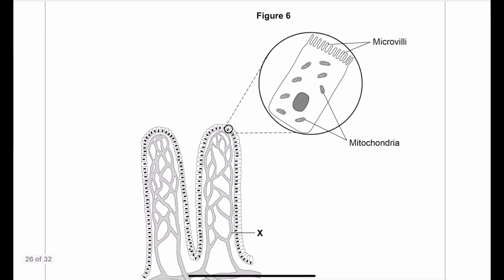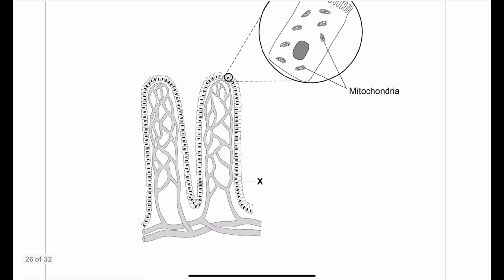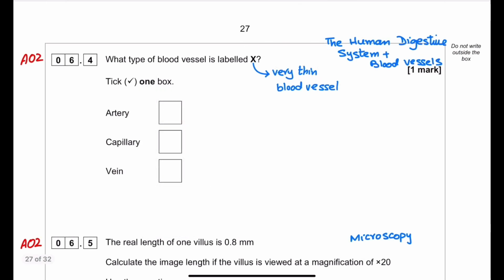We see here this structure is very thin, present in our villus. The thin structure among all these three is a capillary. So the blood vessel X is a capillary.